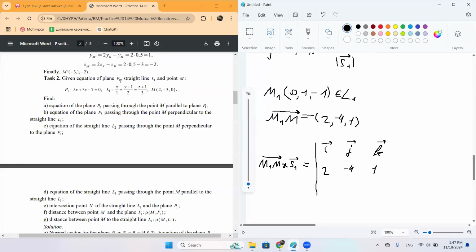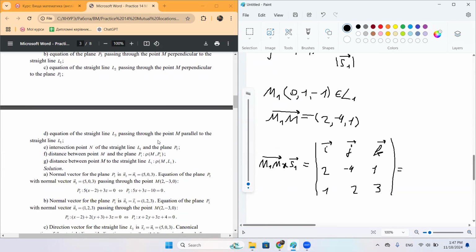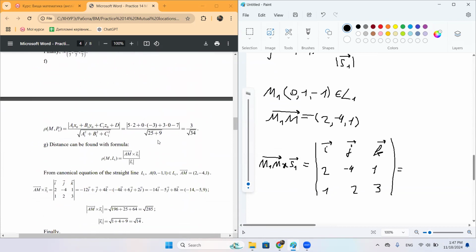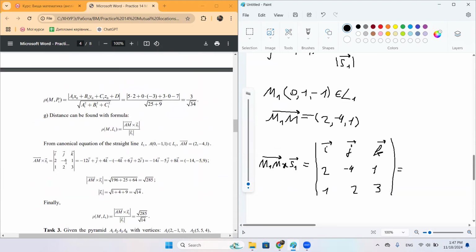One direction vector, 1, 2, 3. Let me check: 2, minus 4, 1, and 1, 2, 3. So the coordinates are the next. So minus 14, minus 5, 9.